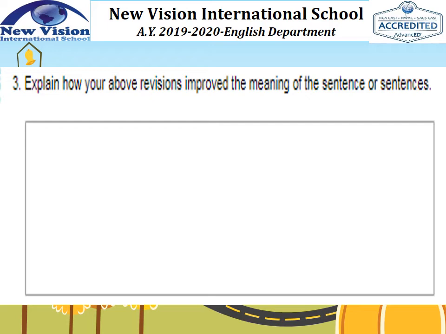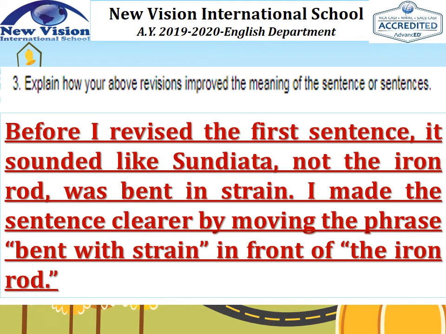For example, I made the letter A. Before the first sentence was revised, it sounded like Sundiata, not the iron rod, was bent in strain. I made the sentence clearer by moving the phrase bent with strain in front of the iron rod. So you have to explain the other 2 that have mistakes, letter C and letter D.